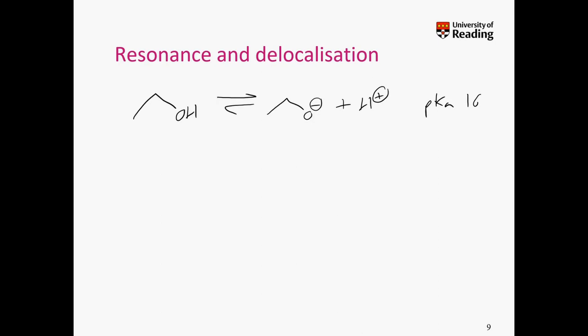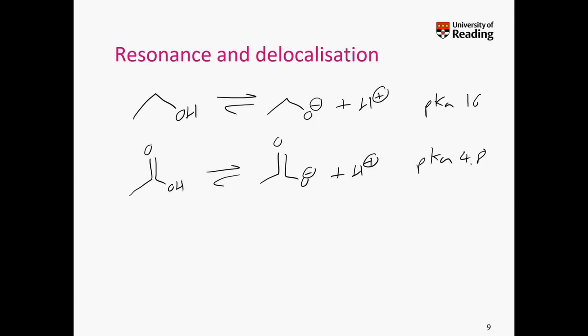If we go back to the molecule that we've been looking at before, our carboxylic acid, again we can show that this can dissociate to give O- plus H+, and we've already seen that this has a pKa of 4.8.